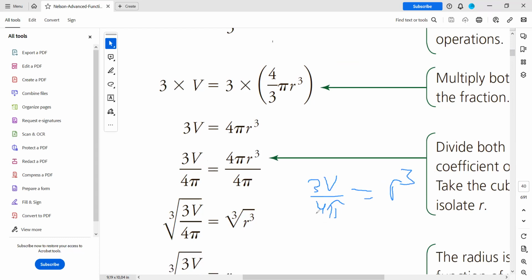What is the next step? What is the inverse operation of raising a number to a power, guys and girls? What would be the inverse of raising a number to a certain power? Guys, any ideas?